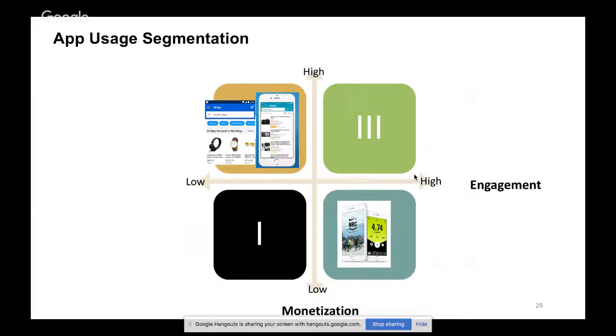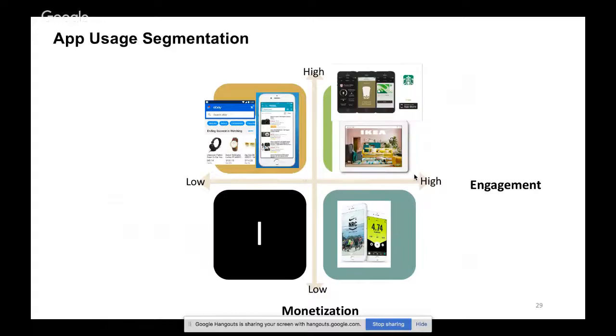Okay, so now let's look at the top right corner, where you have high need to engage with your customer and high need to monetize through the mobile channel. Okay, so we have two examples. One is the Starbucks app, and the other is IKEA catalog app. Okay, so I will elaborate on both later on in the webinar.